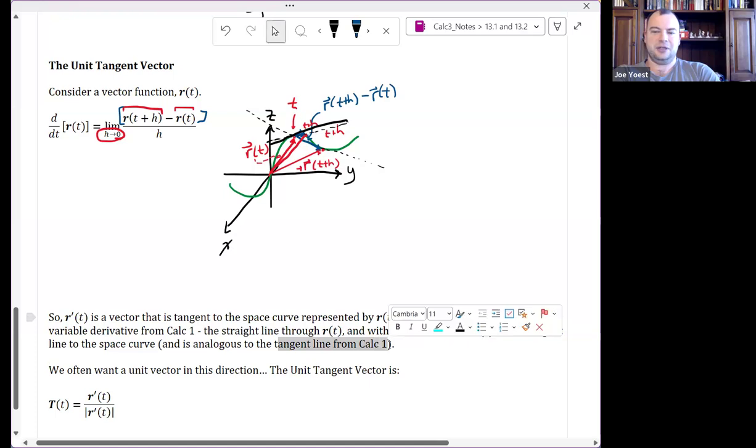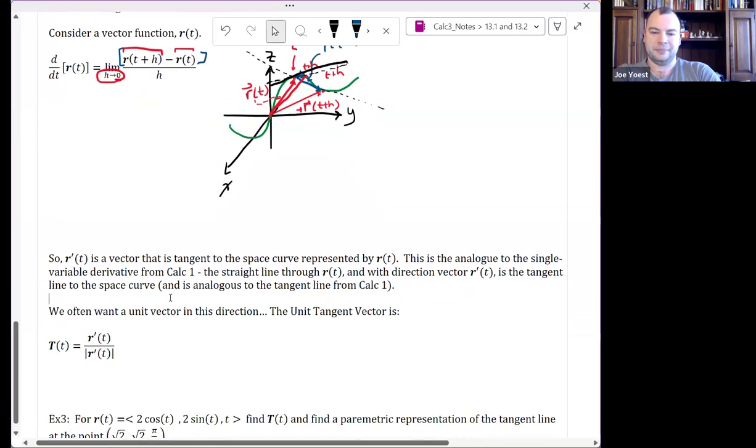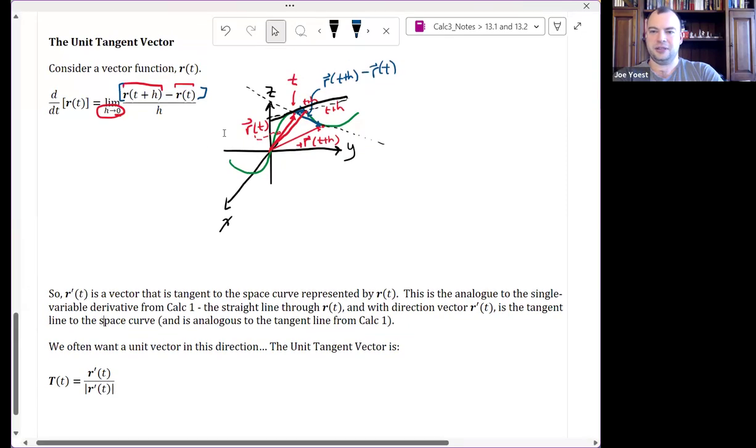So it's analogous to the tangent line from Calc 1 for our just real valued functions. So r prime basically gives us a direction vector for a line that is tangent to our curve, and the point, the location information, so to speak, is the point of tangency.